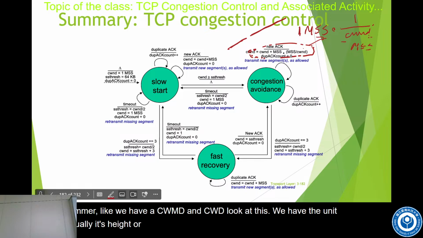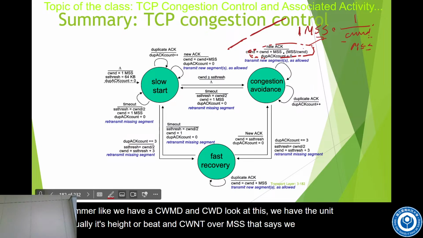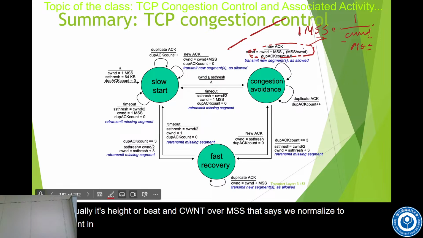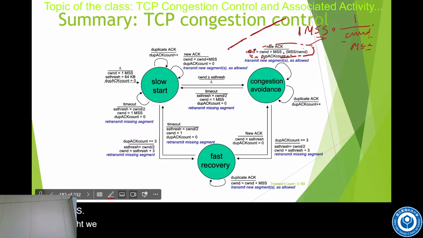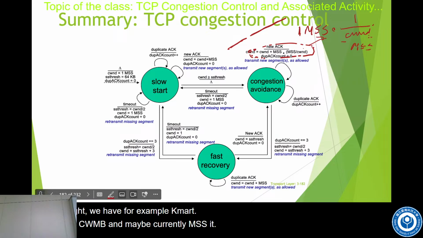And CWND over MSS means we normalize to count in MSS, right? We have, for example, K bytes for CWND, and maybe currently MSS is, for example, 5 bytes.